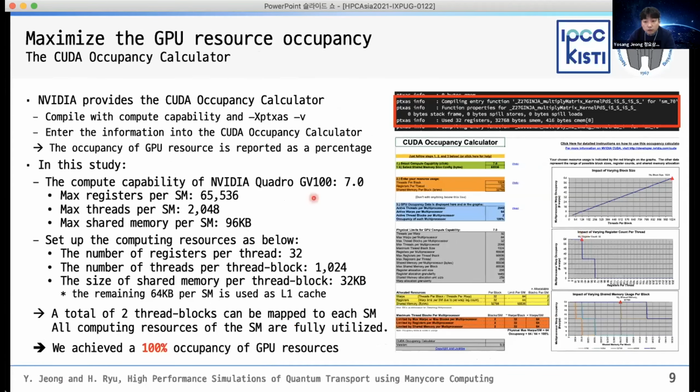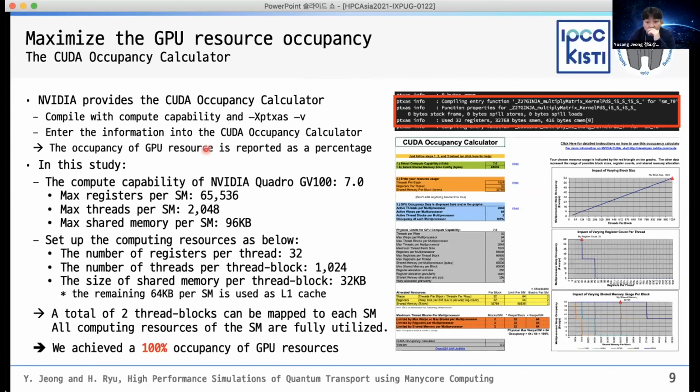For efficient computing, it is natural to check the utilization rate of computing resources. NVIDIA provides the occupancy calculator as a tool that enables developers to examine the efficiency of utilization of GPU resources for their own kernel code.